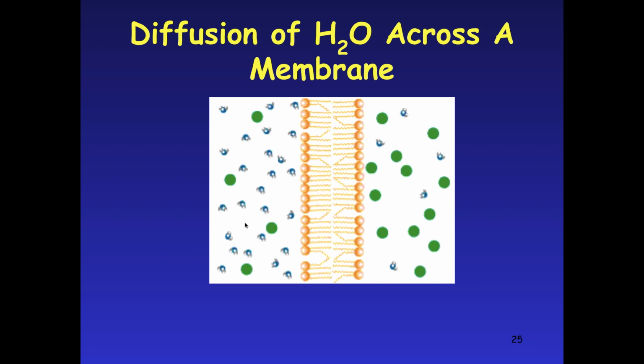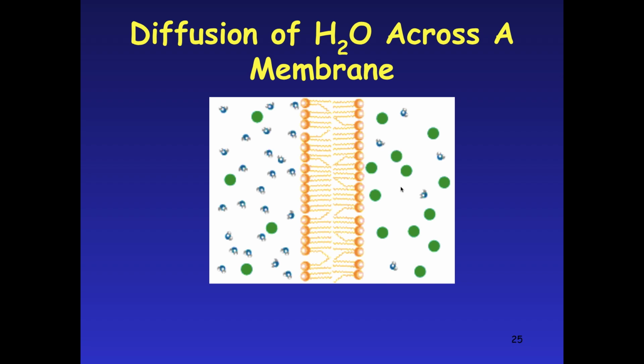So as we can see here, we've got high water concentration on this side, and on the right-hand side we've got very low water concentration, okay? On this side of the membrane, we've got a very low solute concentration, green dots. On this side, we've got a very high solute concentration.